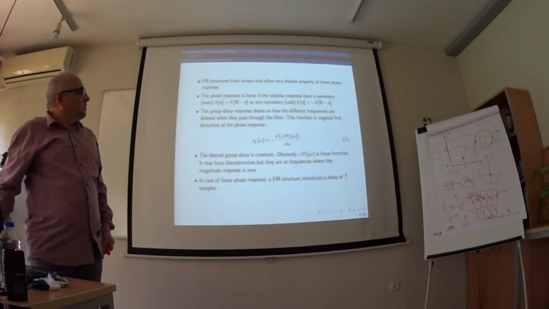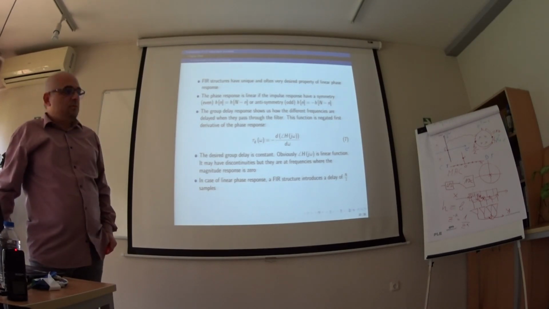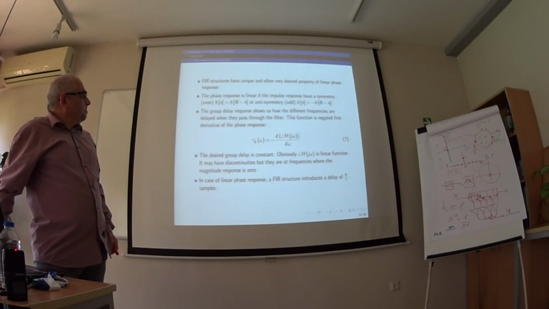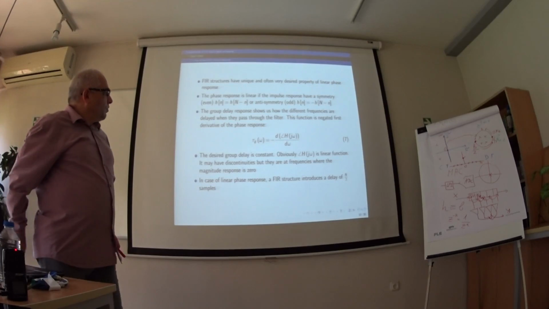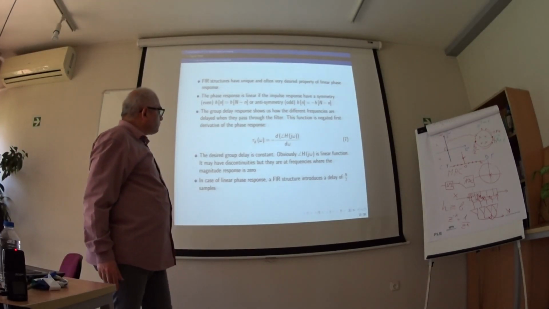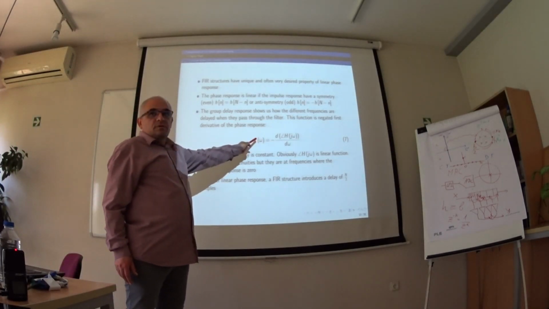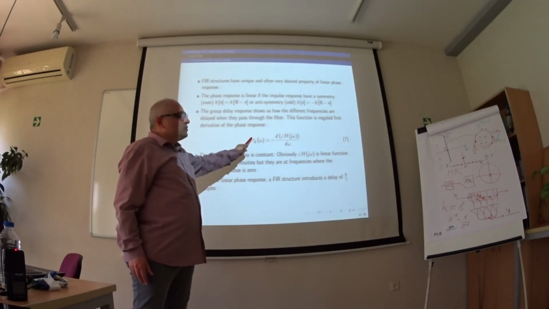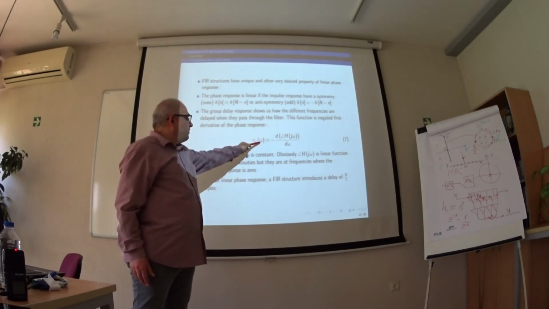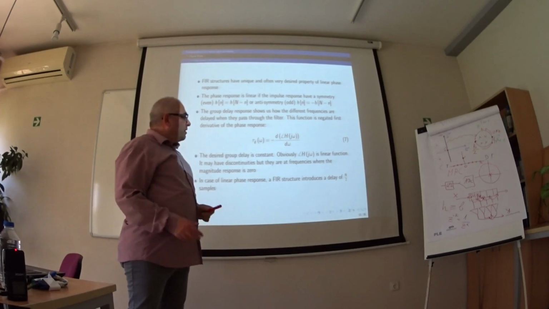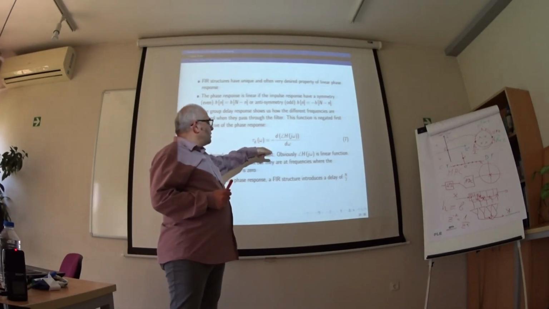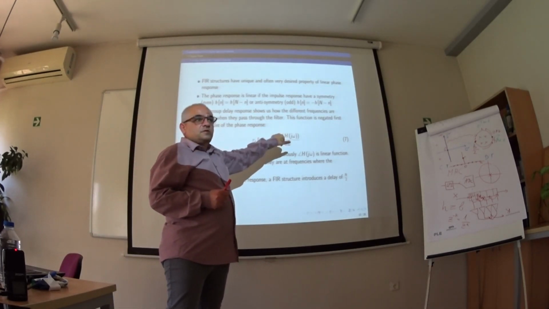We mentioned linear phase response. Now we can define the following thing. We call it group delay response. We want this group delay response to be constant for every frequency. Why? Because the group delay response is actually the first derivative of the phase response.